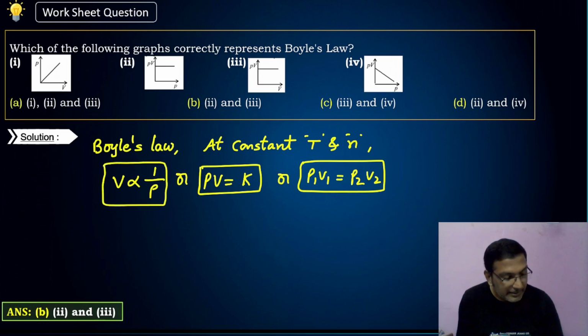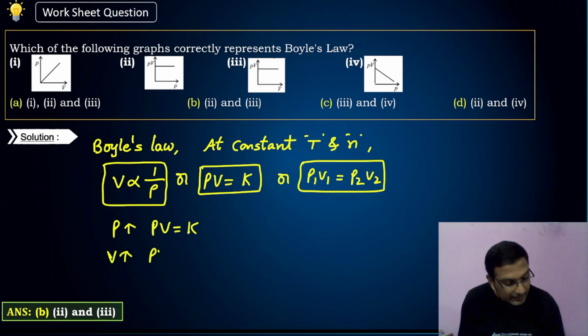Remember these relations. So see the options: with increase of pressure, PV remains constant. If volume increases, PV remains constant.